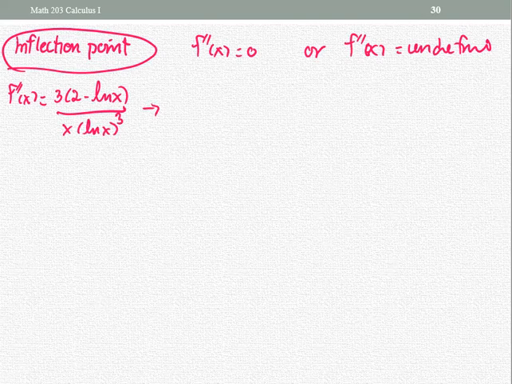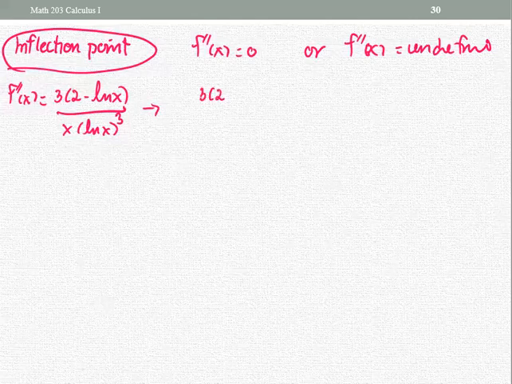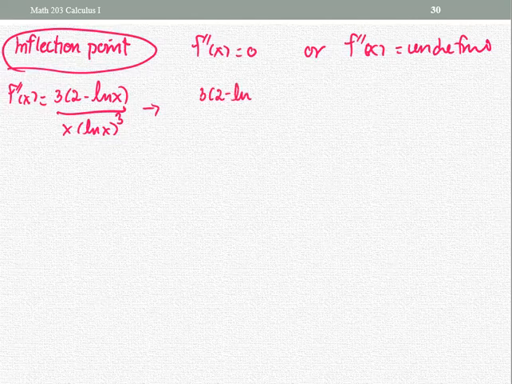So the numerator equals 0 for the case that f double prime equals 0. So 3 times 2 minus natural log of x equals 0. Solve for x to get x equals e to the power second. It's in the domain, so we keep that point.